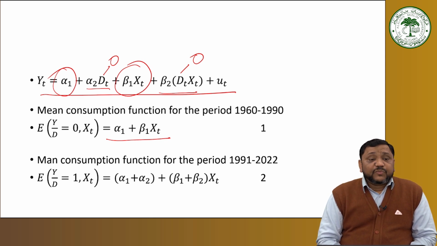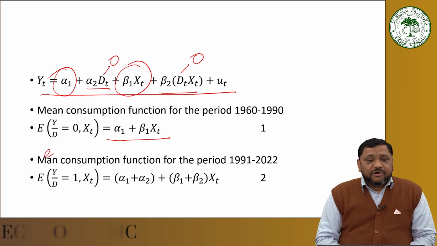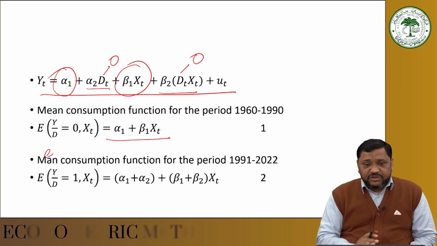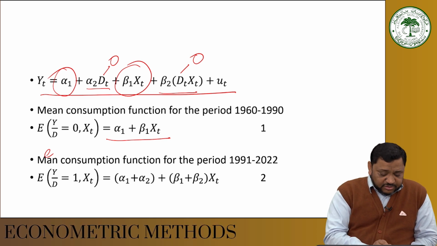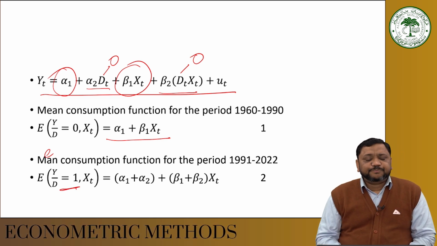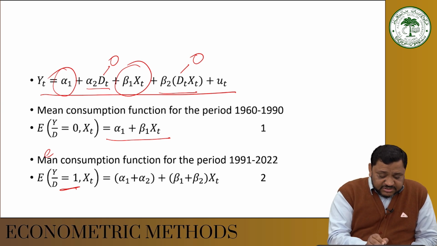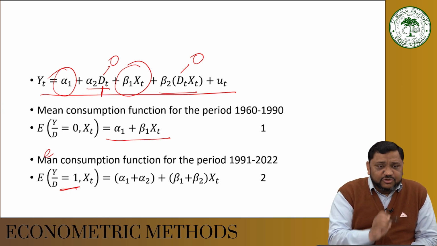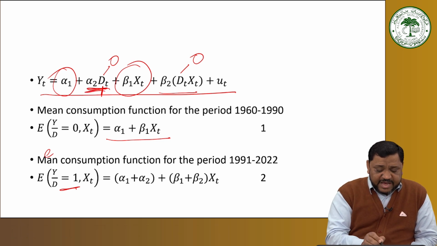Then for the mean consumption function for the period from 1991 to 2022, the dummy is now equal to 1. Earlier the entire term became 0, now this is 1, so this term is there as it is.